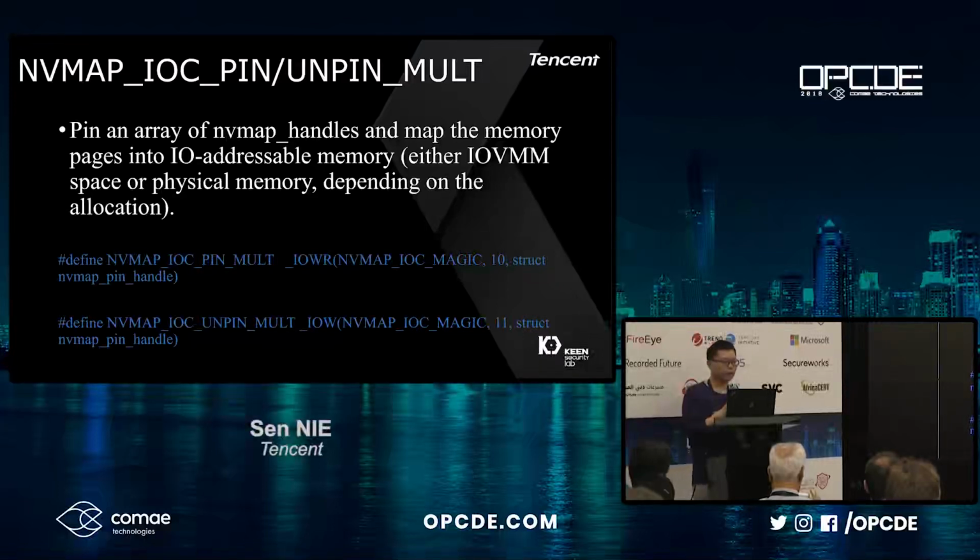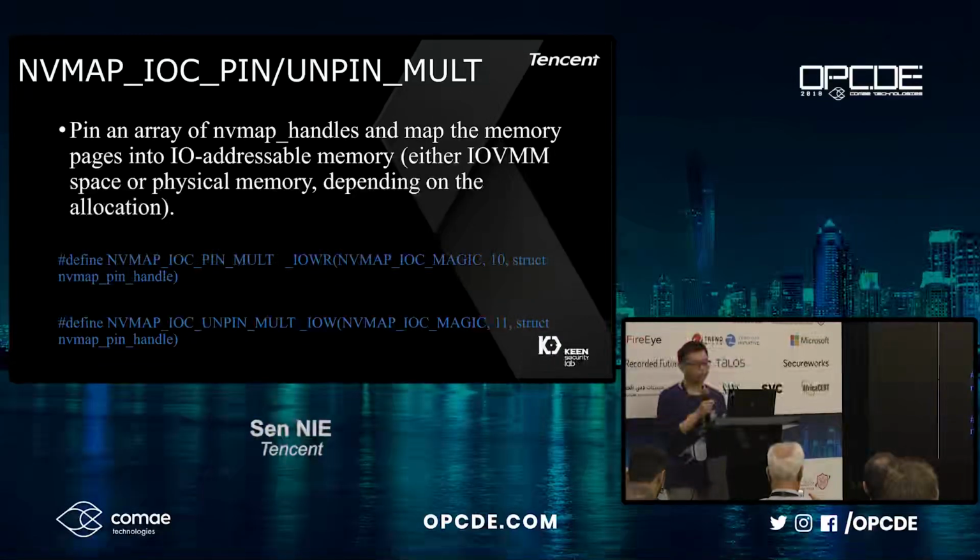The last I/O code, the nvmap IOC pin or unpin multiple handles. This is a very important feature in the nvmap kernel module. It pins a list of nvmap handles and maps the corresponding memory pages into the IO VMM space.